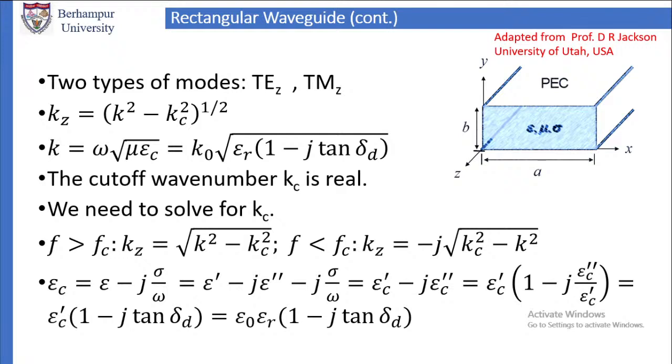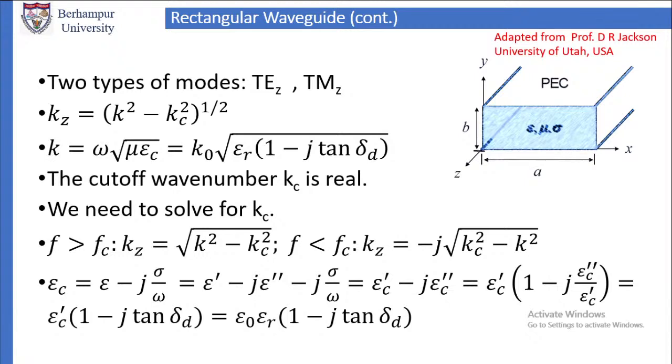Epsilon double dash is the loss due to molecular effect. Sigma by omega is the loss due to conduction effect, conductivity. So epsilon c is equal to epsilon dash minus j epsilon double dash minus j sigma by omega. That you can write as epsilon c dash minus j epsilon c double dash.